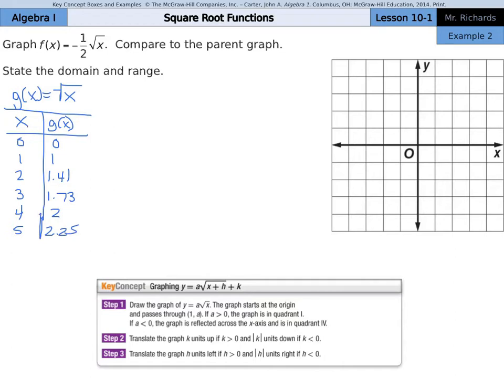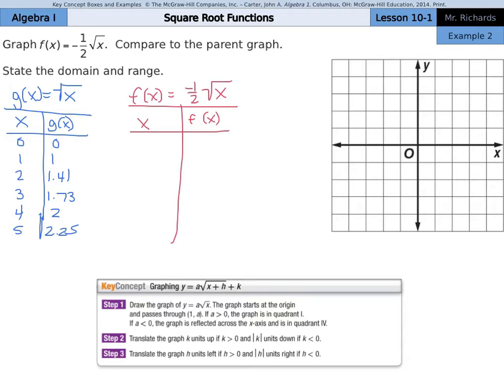And next, we'll look at our f of x equals negative 1/2 times the square root of x. And so we'll have x split with f of x.